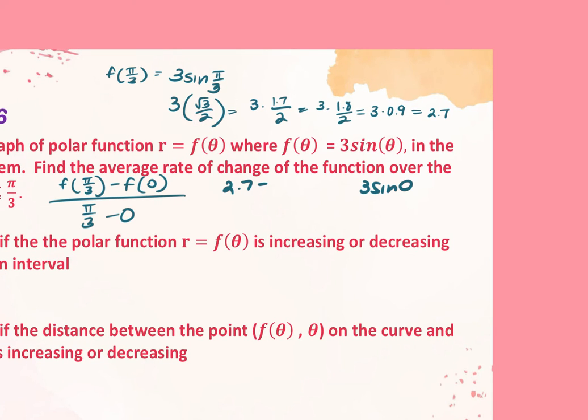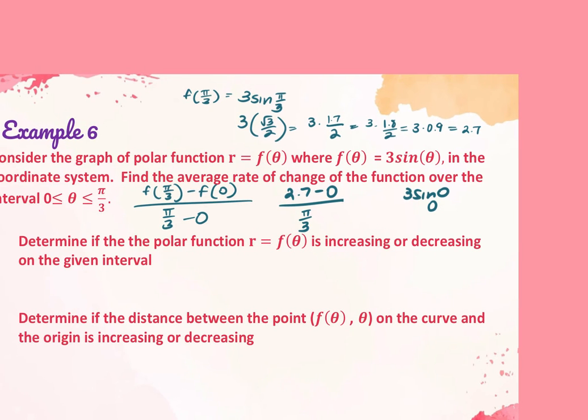What's the sine at 0? 0. Over pi over 3 minus 0, which is going to be pi over 3. So now you'll find this using your calculator: 2.7 divided by, group together your pi over 3. And I get a rate of change to be 2.578.